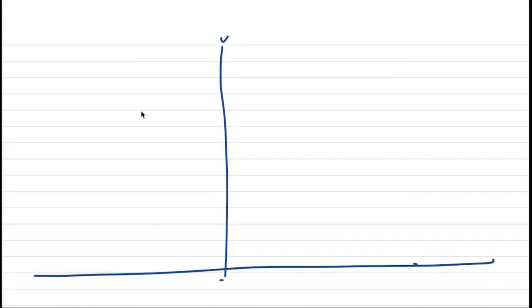Okay, this is 0 degrees centigrade, this is 100, then 200, then 300, this side minus 100, minus 200, here minus 273.